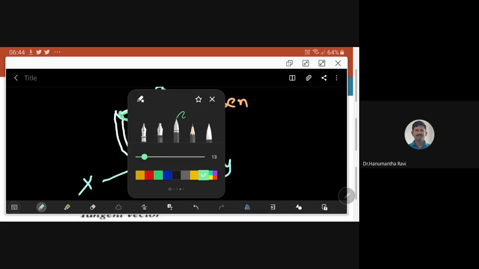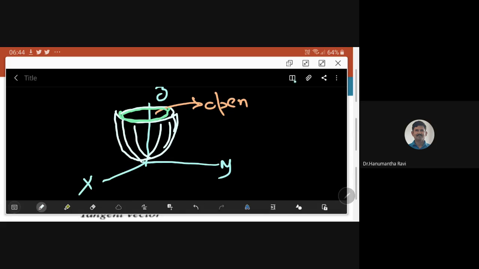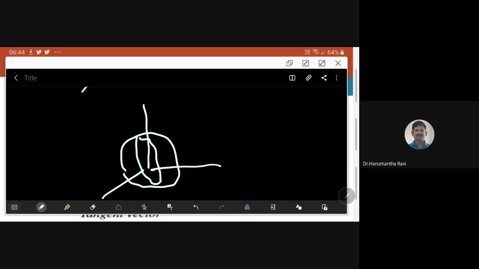On the other hand, you can think about a sphere. This is the standard one. A sphere is a closed surface.